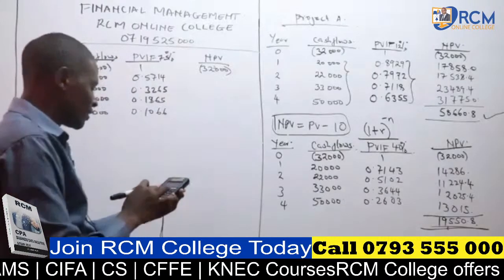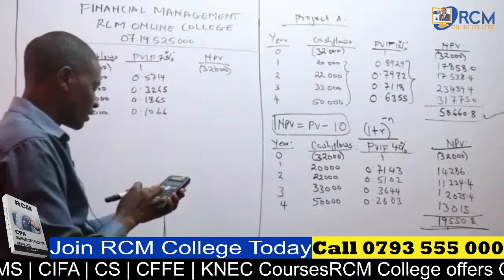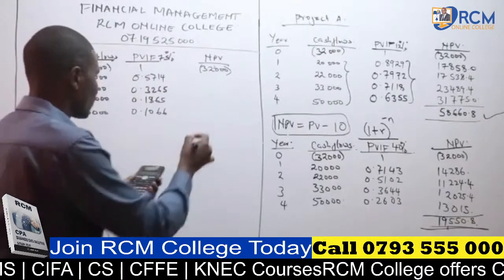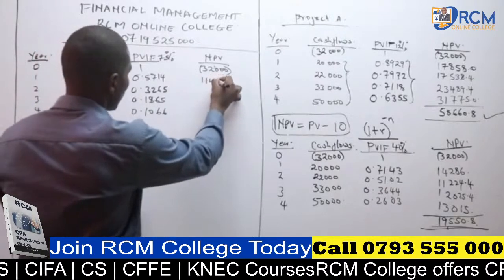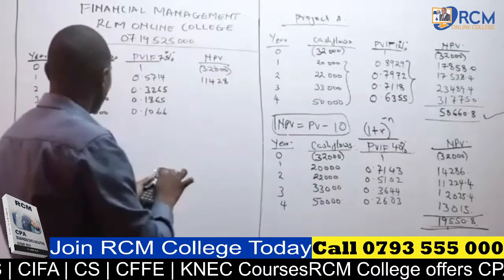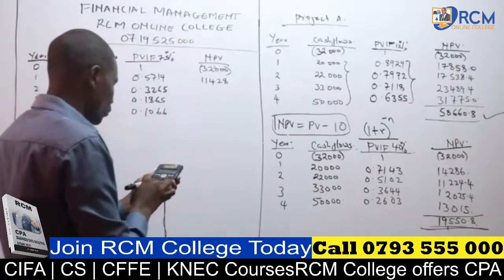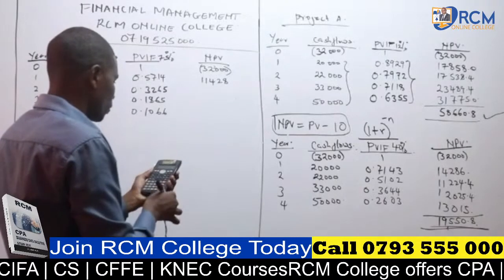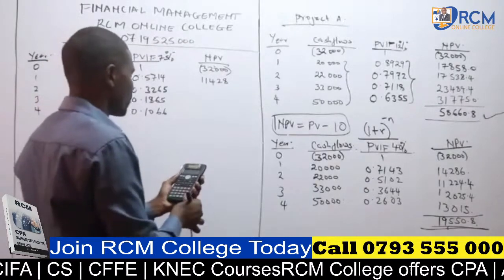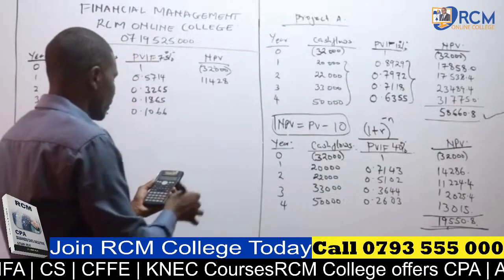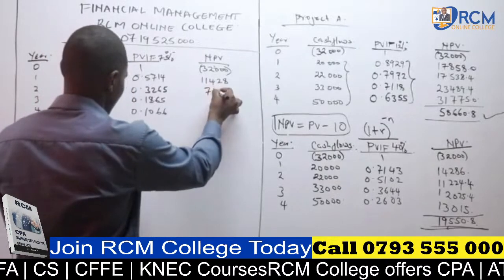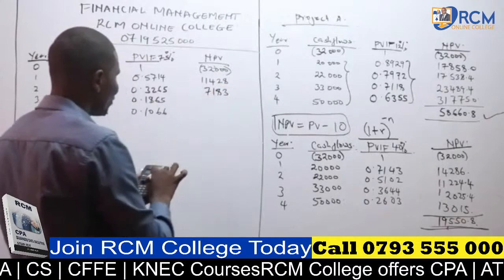Oh, we multiply now. 20,000 times 0.5714 is 11,428. 22,000 times 0.3265, I'm getting 7,183. Wow. Now this one will give us.